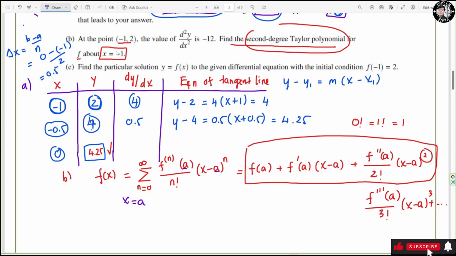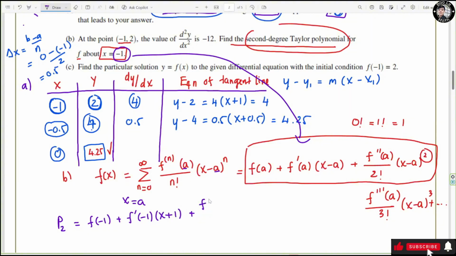Now, in this situation, a equals -1. Substitute -1 for a into this one right here, right? So you have P2 equals f of -1 plus f prime of -1 times x minus -1, which is x plus 1, right?